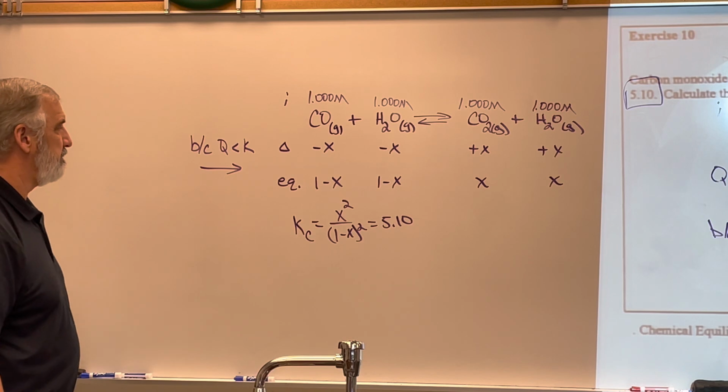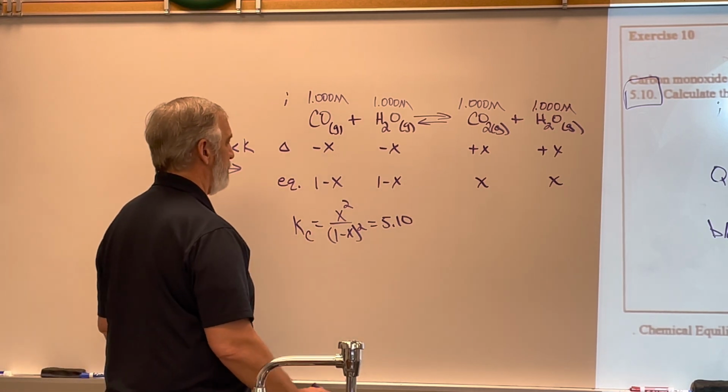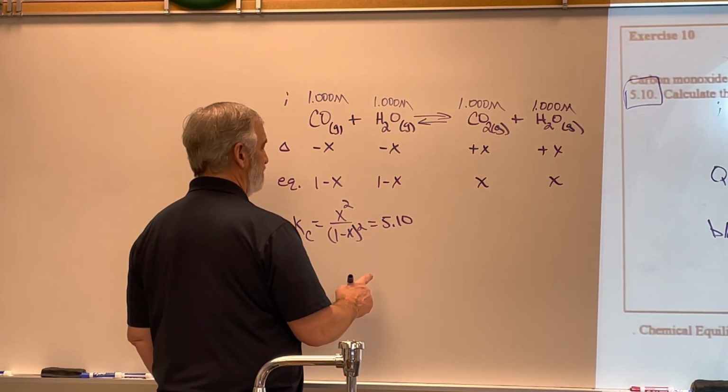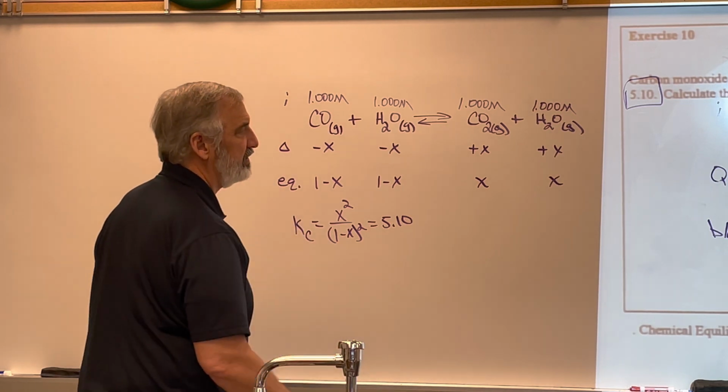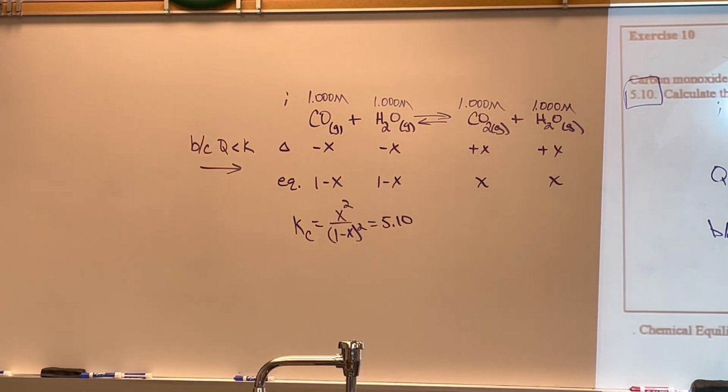And what do we get? 2.26 or 0.693 for X. 0.693. Is that what we get?